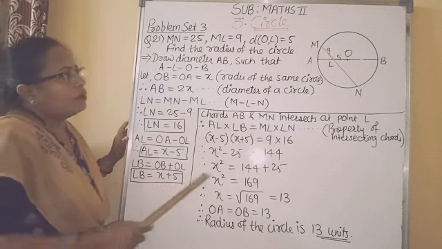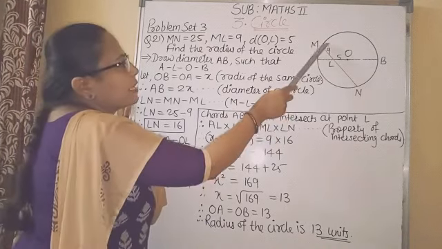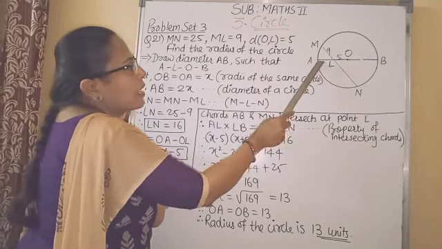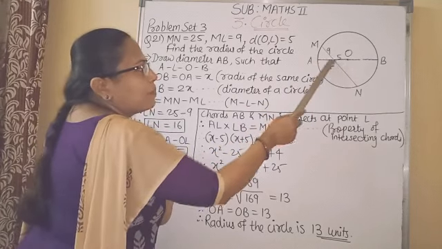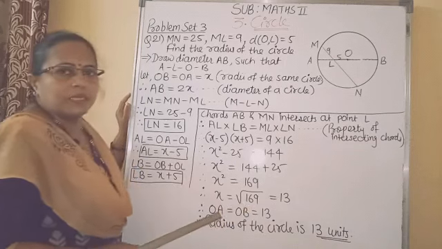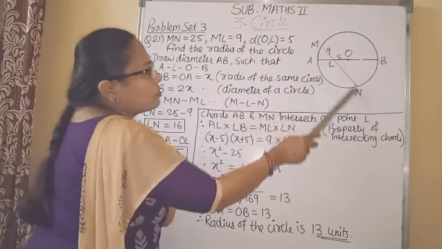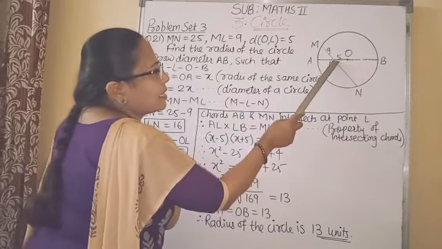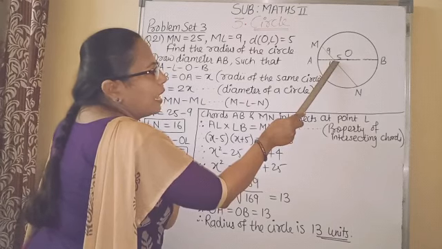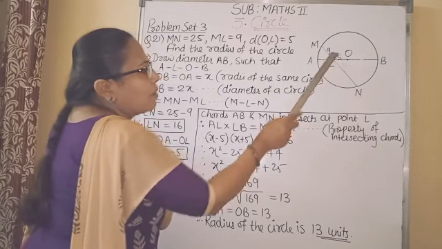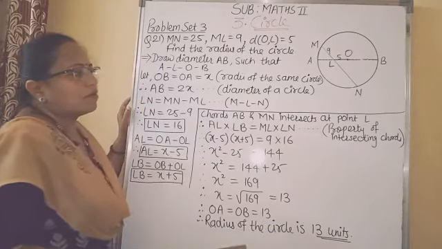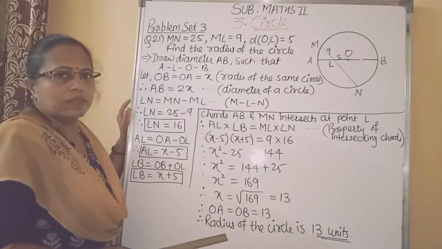Now here in this figure you can see ML is part of a chord, AB is the diameter, but a diameter is also a chord of the circle. So these two chords intersect each other at point L. So we have the intersecting property of two chords.